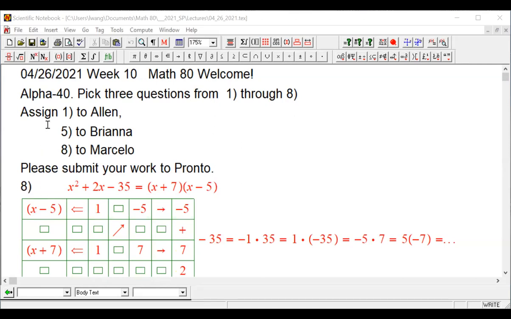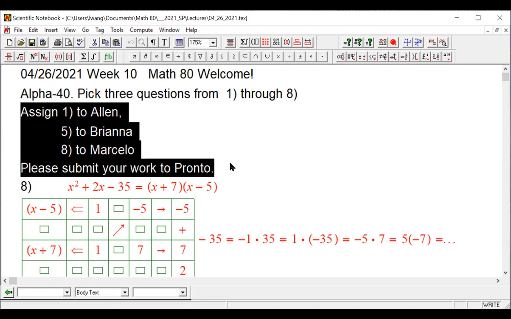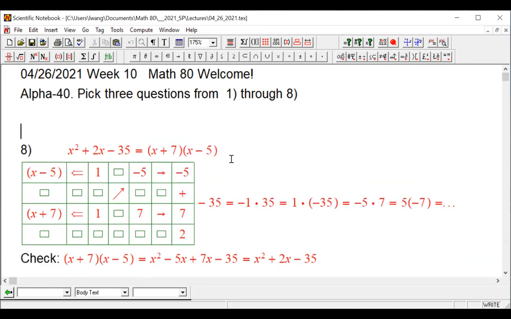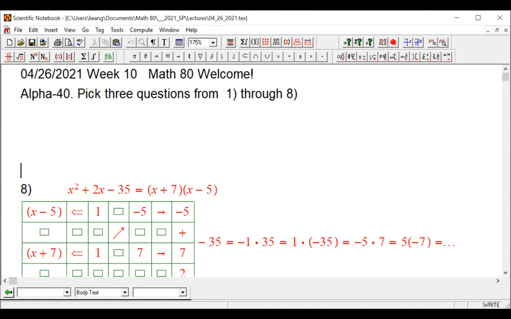But anyway, next we're going to look at the remaining 4 questions in Alpha 40. Did you receive the notes at all? Let me try it because I really want to help you find the notes.